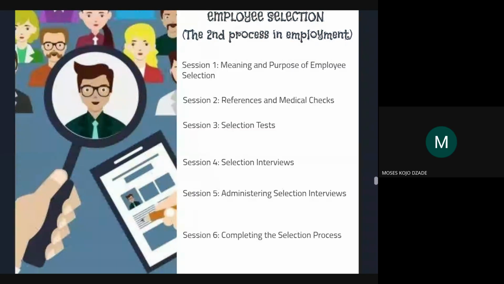Madam, biodata simply means, it's just a document that gives basic information about the applicants.